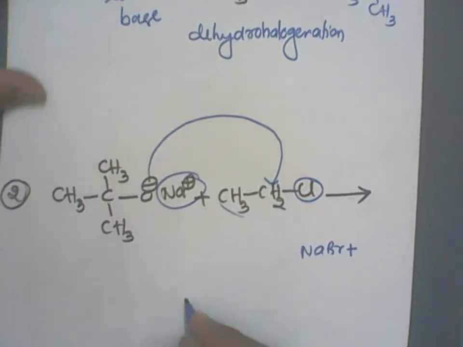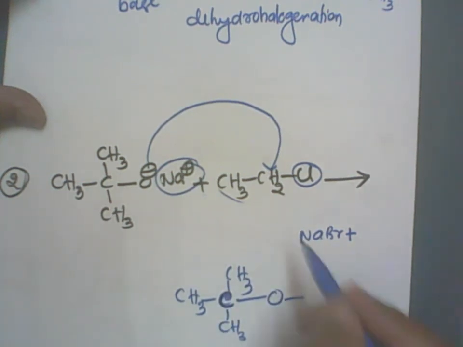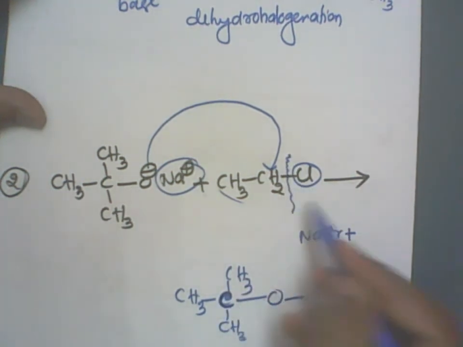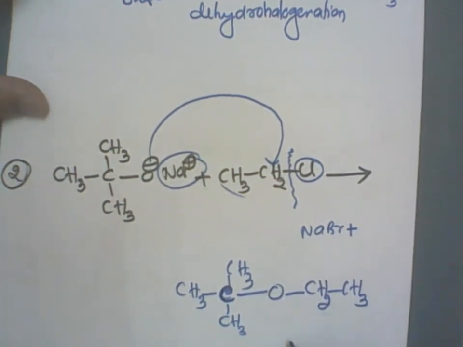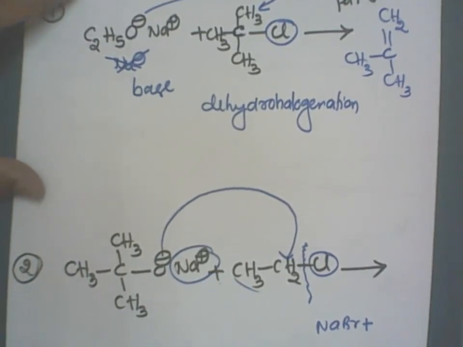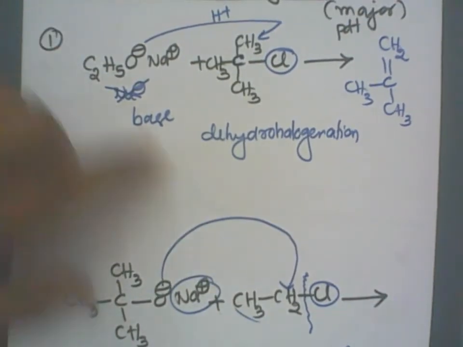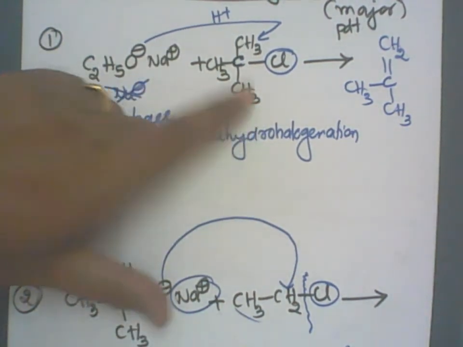Now we'll write the actual organic product: CH3 thrice attached to the same carbon atom. That's why this is called a tertiary carbon atom. Attach the oxygen, then the bond breaks here, and attach this CH2 and CH3. So we get an ether, ROR dash.